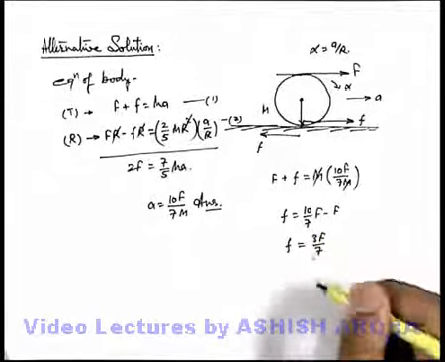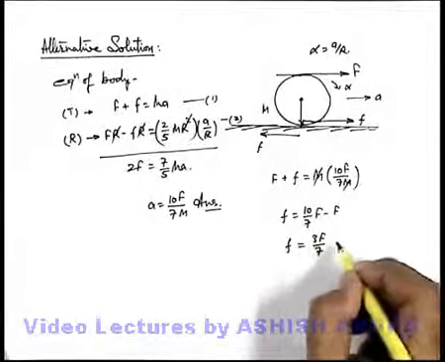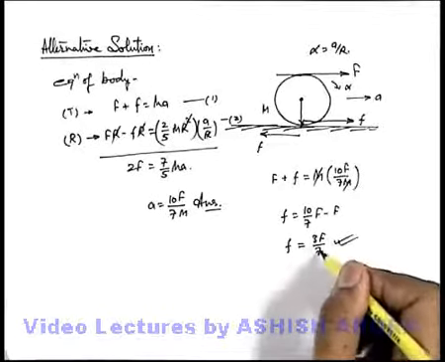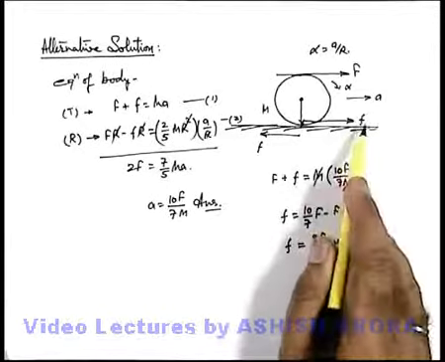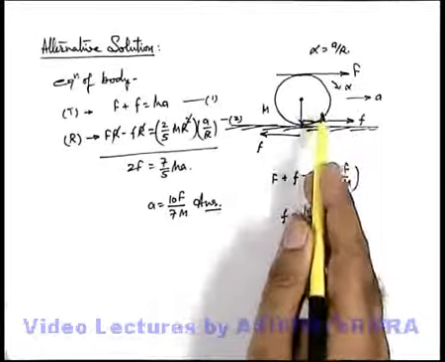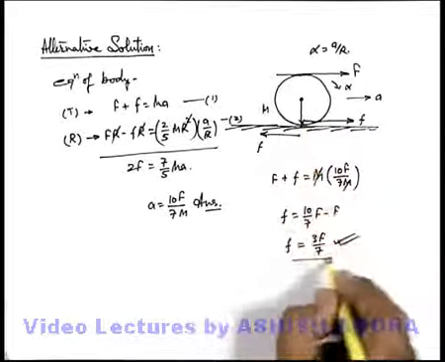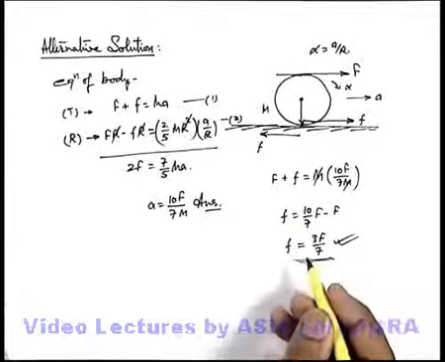Whereas in the previous situation we have seen that the friction was negative, which was an indication that the friction was acting in forward direction. Now if I have handled the same solution by taking friction in forward direction, the result must be positive, which I am getting.